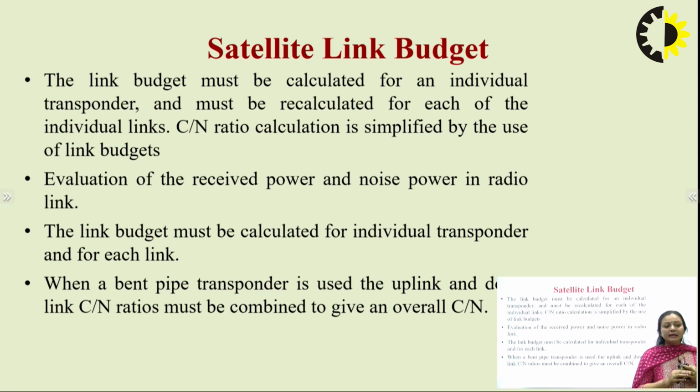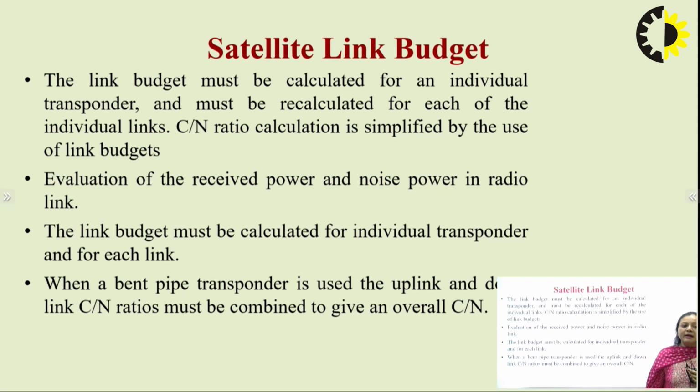It will not perform any other function. On the other hand, a regenerative transponder generally performs all the functions which your repeater performs. It will get the information, demodulate it, decode it, and while transmitting, it will do everything required. It will not just frequency convert the data.